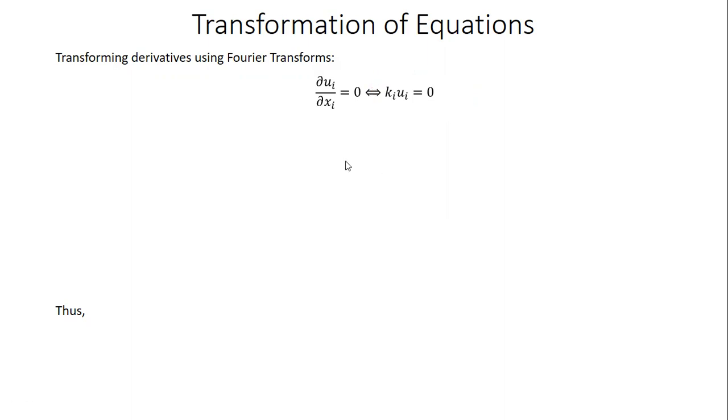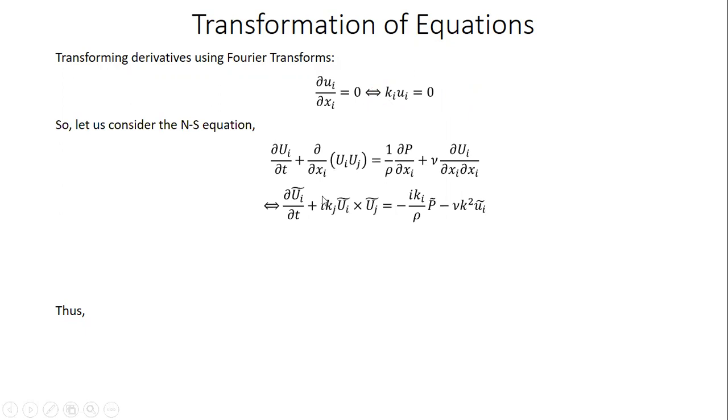Now, what about the Navier-Stokes equation? Here is your general Navier-Stokes equation. Let's look at it in Fourier space, where the variable corresponds not to fluctuations, but to the Fourier transform. So what will I have here? Time is time, so in Fourier space the derivative will take out.